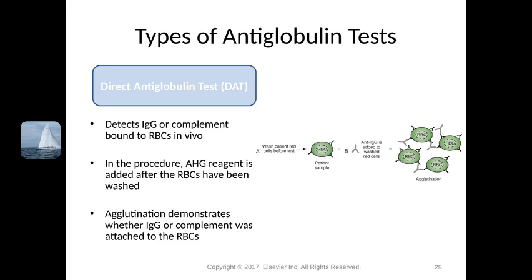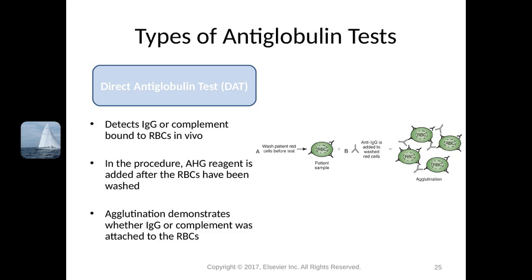So what will happen is we'll wash our cells to make sure we don't have anything junky. We'll wash that patient sample, and then we'll add our anti-IgG. In this case, if we're doing a polyspecific DAT, we will add an anti-human globulin, which contains a polyspecific blend of anti-IgG and anti-complement.